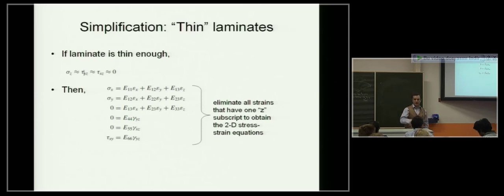So that takes care of those two equations. There is a single equation at the bottom that relates the in-plane shear stress to in-plane shear strain, which is just well-defined, nothing to worry about. And then I have three equations at the top, which are in terms of the three strains, epsilon x, epsilon y, and epsilon z. So what I can do now is I can eliminate epsilon z from the third equation here.